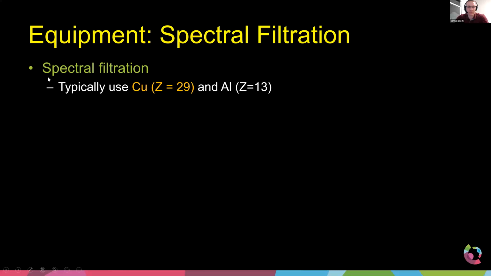All right, so the other thing was the filtration. So let's take a step down, we had filtration. Most systems use copper. That's just standard. Others may use aluminum or some combination of the two. Oftentimes they use copper because it's a higher atomic number. Therefore, it's really good at absorbing low energy photons.